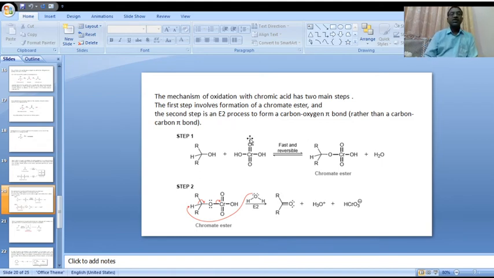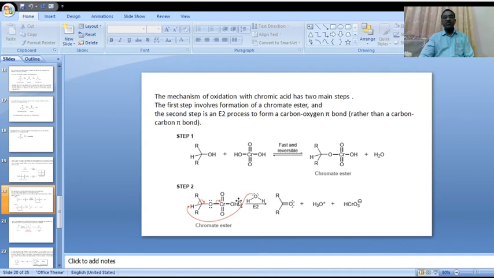Next, the second step is an E2 process, forming a carbon-oxygen pi bond rather than a carbon-carbon pi bond. Please observe. This is the chromate ester structure reacting with a water molecule.